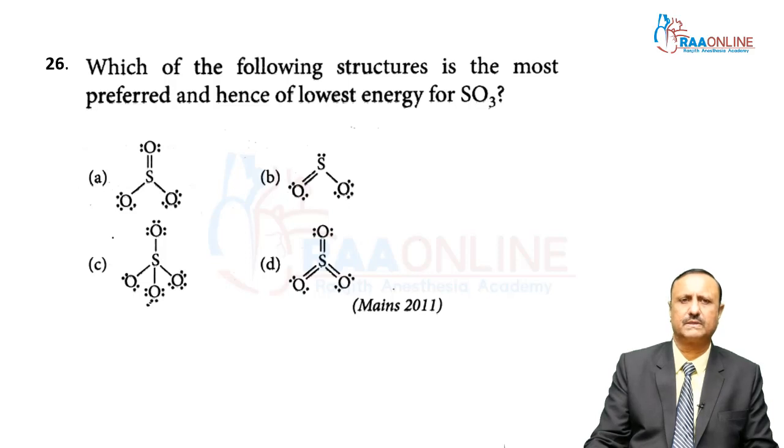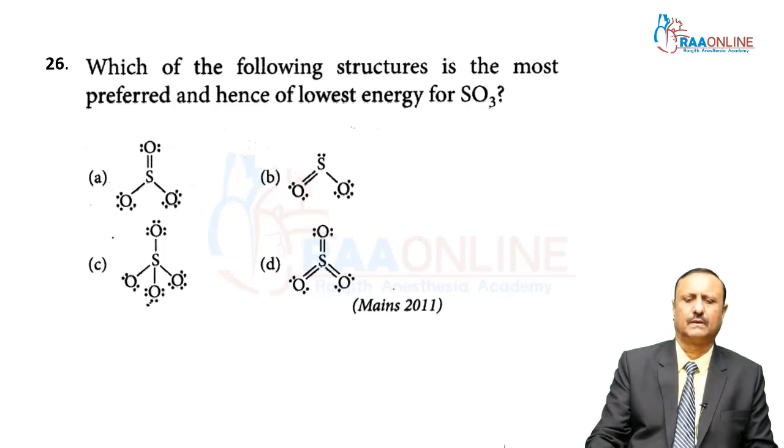Which of the following structures is the most preferred and has the lowest energy for SO3 molecules? Here, my dear students, that structure is the most stable in which covalent bonds are maximum.